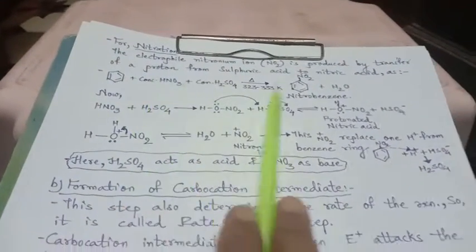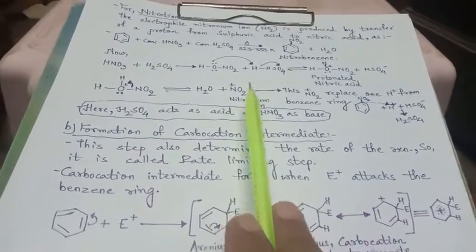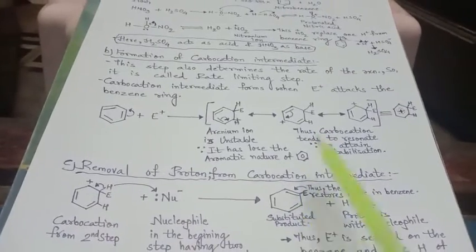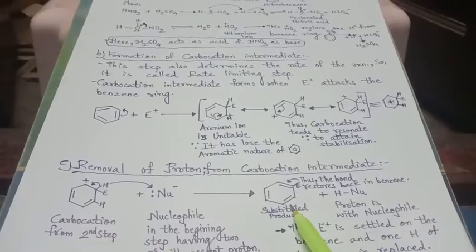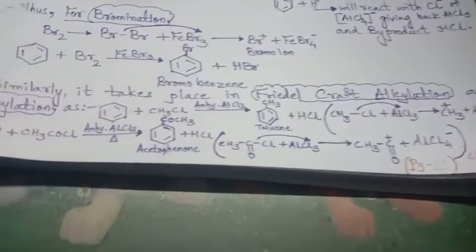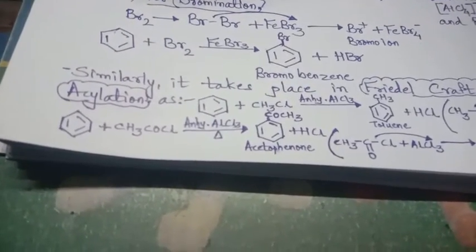This is the nitration reaction, this is its mechanism. Alkylation, acylation, that means the benzene ring, how they are promoting the proton from the carbocation, that is shown over here. And this is the reaction showing the alkylation and acylation.